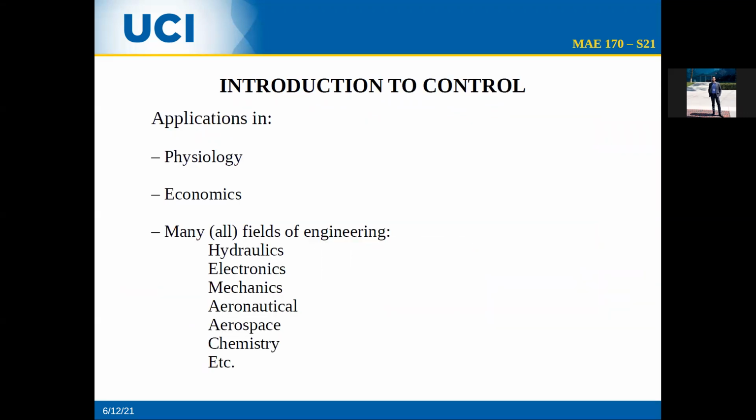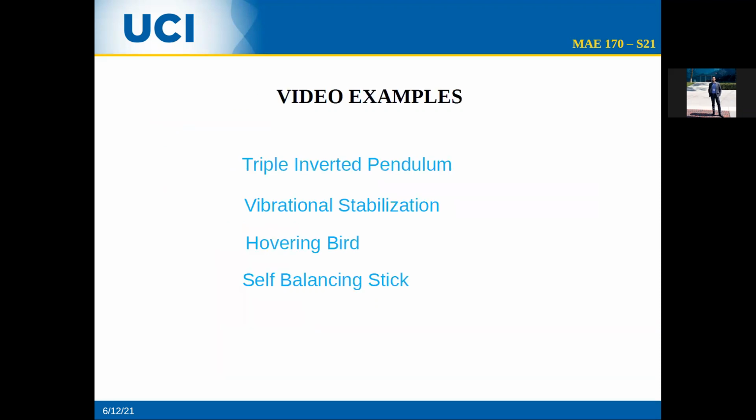Well, here I am just telling you that the applications of control systems can be found anywhere from physiology, economics, and pretty much all fields of engineering. Really, everything can be thought of as a control system.